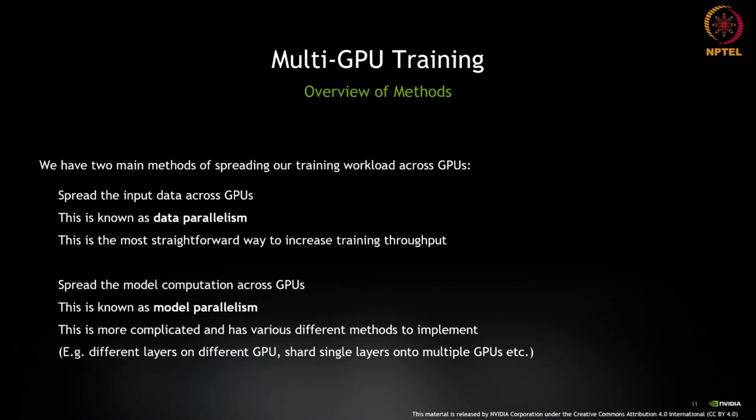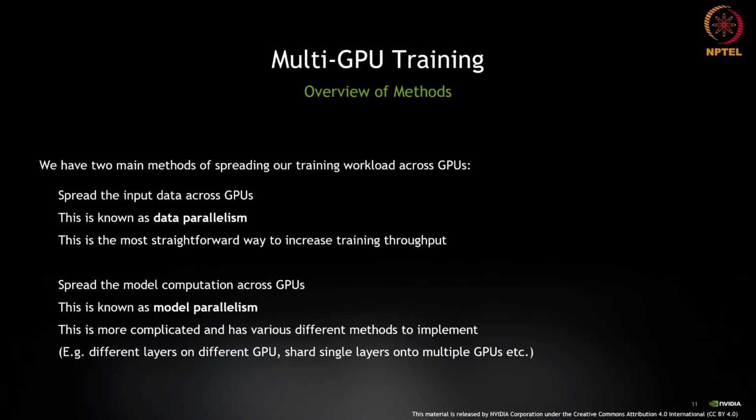So there are two main methods when it comes to multi-GPU training. The first method is spread the input data across GPUs. Generally, you might have batches of images, like millions of images or 10,000 of images, and you would like to spread that input data across the GPUs.